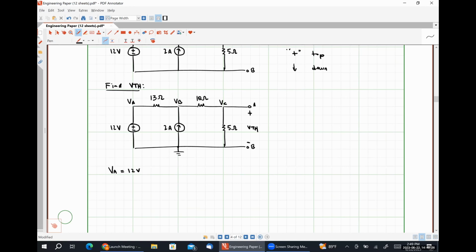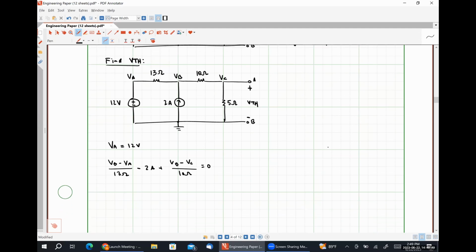Now I'm going to do KCL at node B. So that's going to look like (VB minus VA) over 13 minus 2 amps plus (VB minus VC) over 10 is equal to 0.